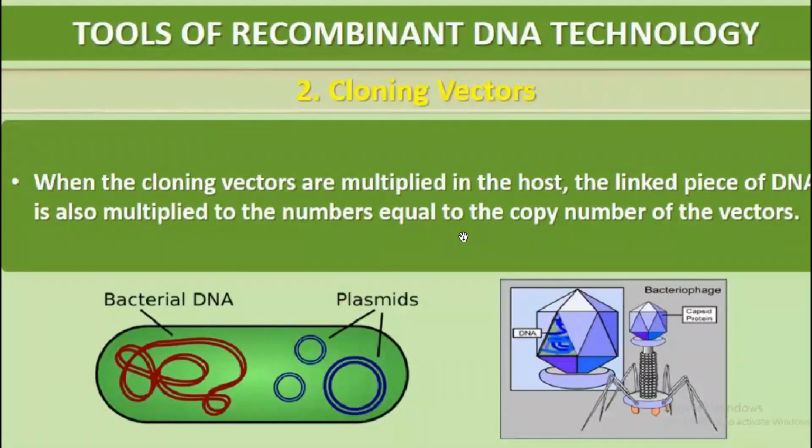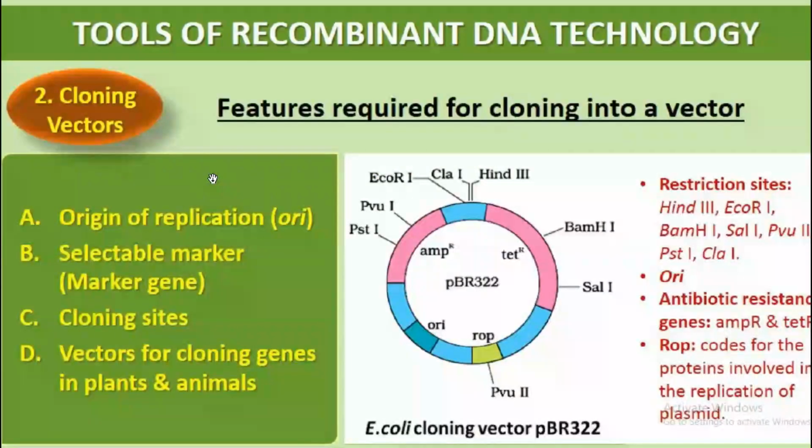When the cloning vectors are multiplied in the host, the linked piece of DNA is also multiplied to a number equal to the copy number of the vectors. That is one of the properties that we have studied. What are the features required for a cloning vector?